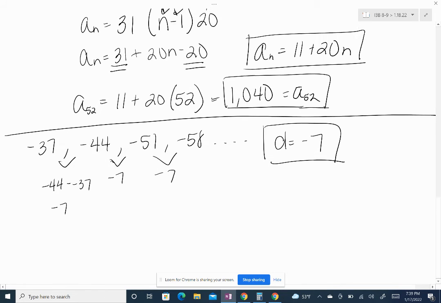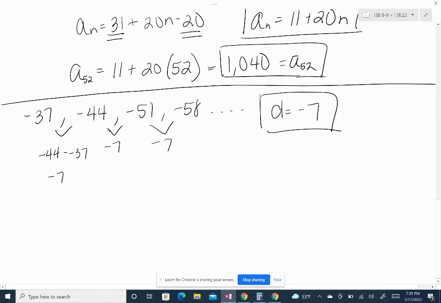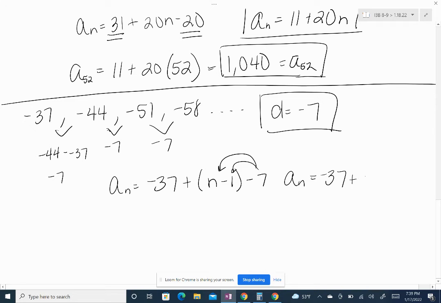Okay, so the explicit formula. So it's going to be the first term, negative 37, plus n minus 1, and our D is negative 7. Okay, and same thing, distribute that number. So it's going to be A of n equals negative 37 plus negative 7n plus 7, because a negative times a negative is a positive.